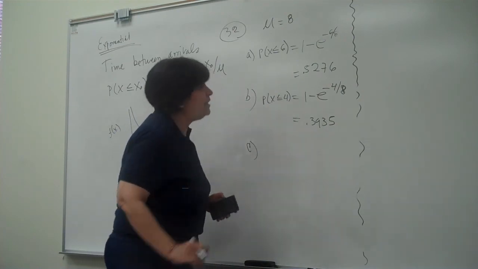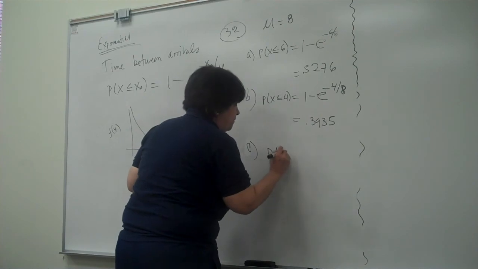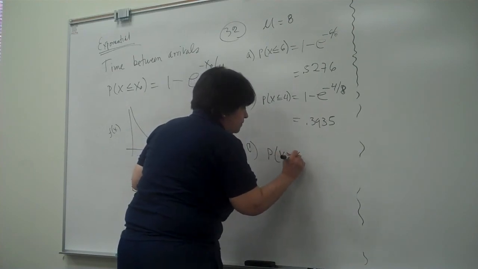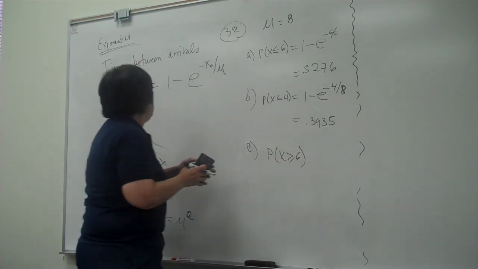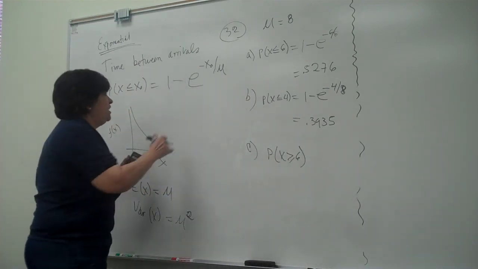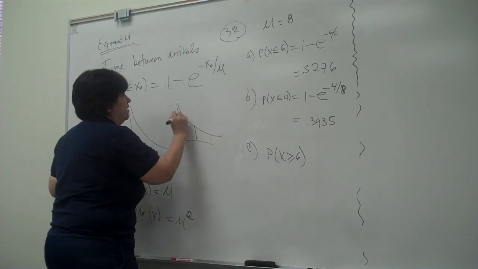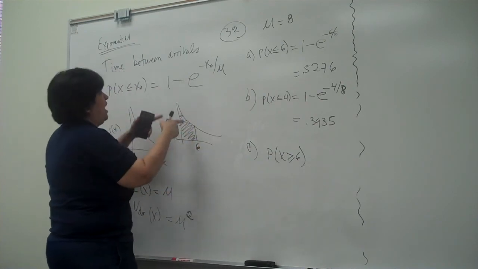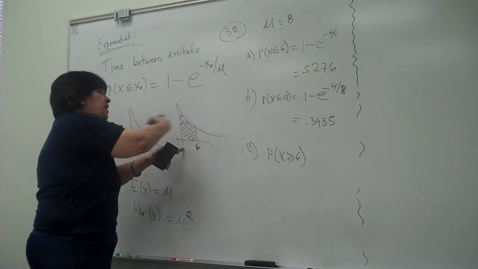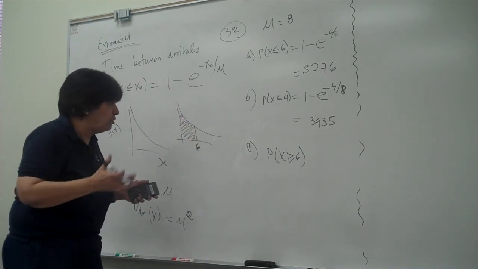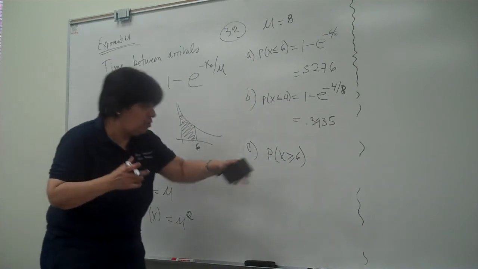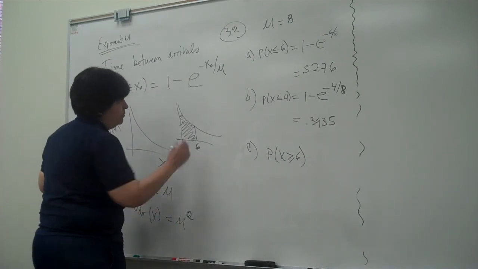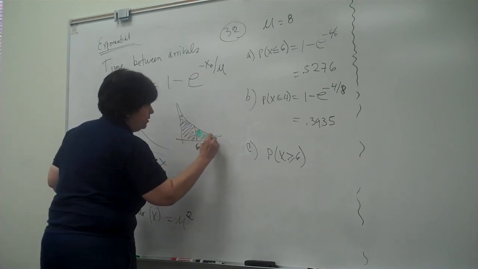C. Find the probability that x is greater than 6. Now, we have this function that gives us the left side of the distribution, and we want to know the right part of the distribution, this one over here.